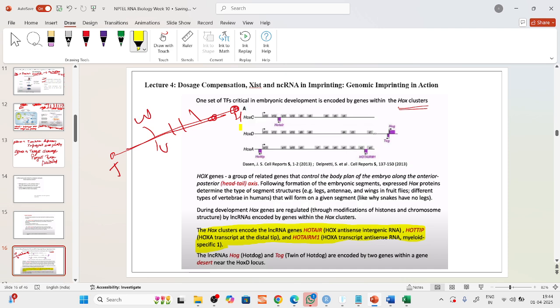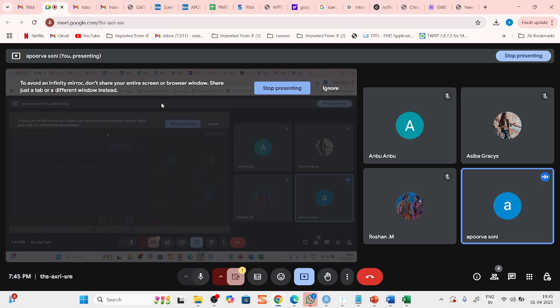This is important. And the function of Hox genes is that they control the body plan along the anterior posterior, that is head to tail axis. Legs, antenna, wings, all this is important. So I have just marked the important points from here. I hope this is clear.